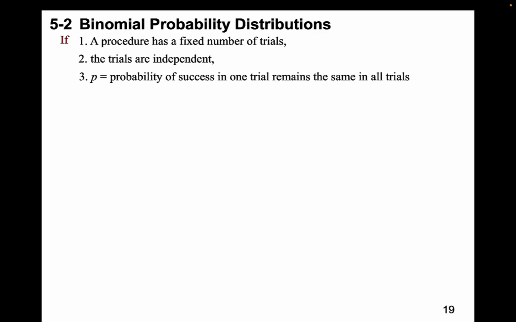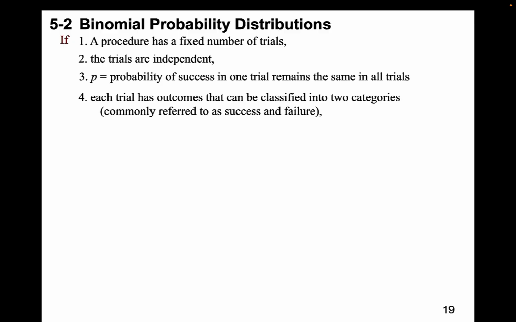We have an if statement here. 1. If a procedure has a fixed number of trials. 2. The trials are independent of each other. 3. The probability of success in one trial remains the same throughout all the trials.